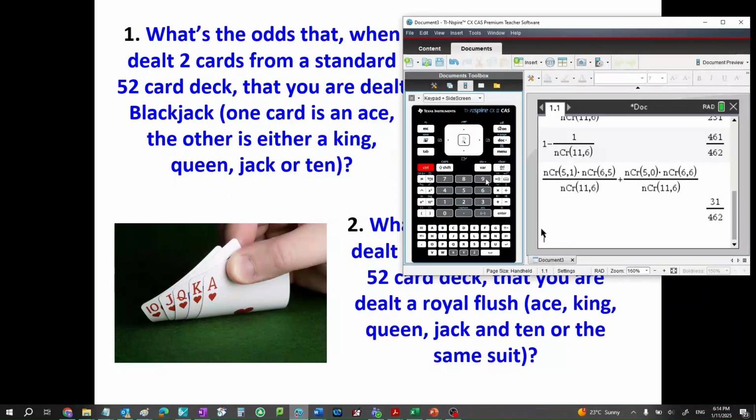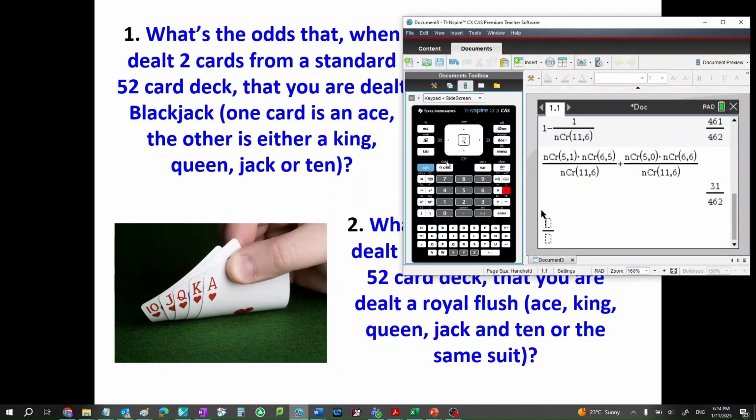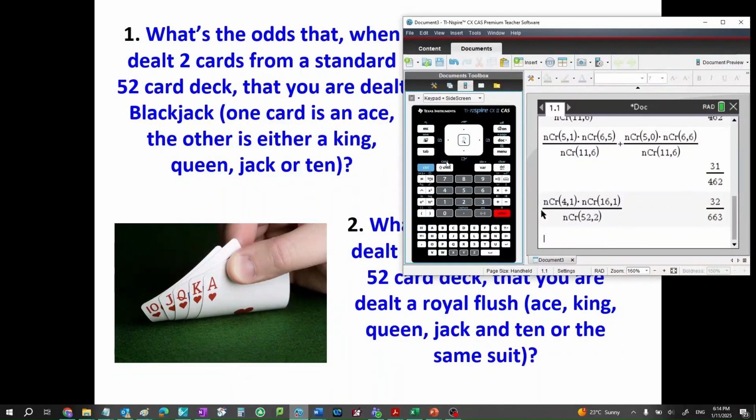We think of the aces, of which there's 4 of them, and we've got to get 1 of them. Then we think of what we call the picture cards and the 10, so king, queen, jack or 10. There's 16 of them, and we have to get 1 of those. And out of the 52 cards, we're dealt 2. So the probability of blackjack is around about 5%.